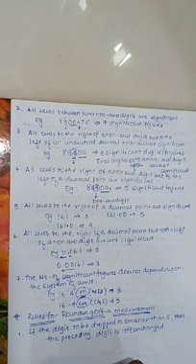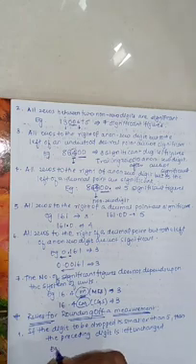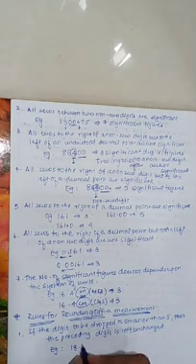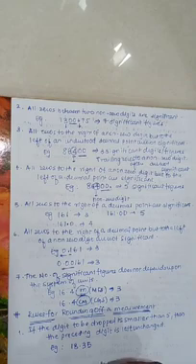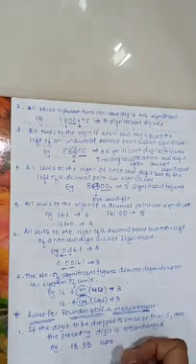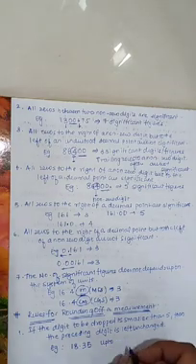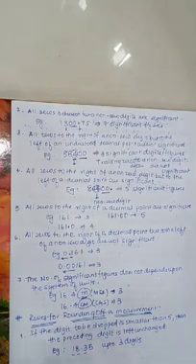Suppose I give you the example 18.35, and I ask up to 3 digits, meaning 1, 2 and 3.